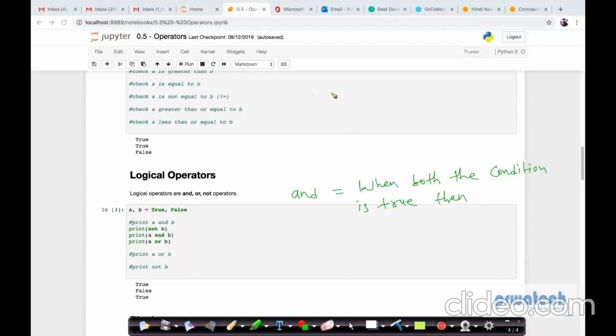right? So let me write one small block here. I'll say a is equal to 10. Then I'm giving one if condition here.